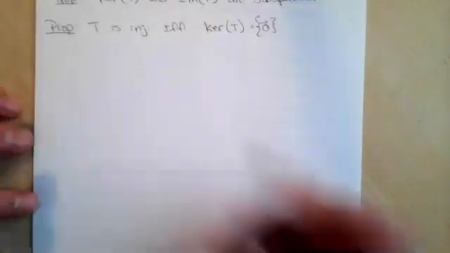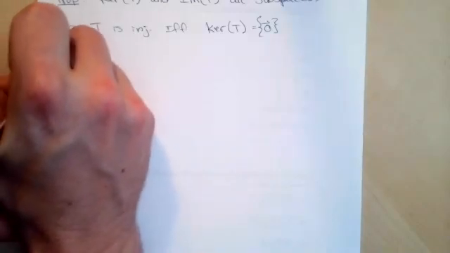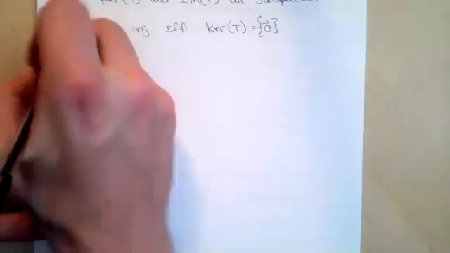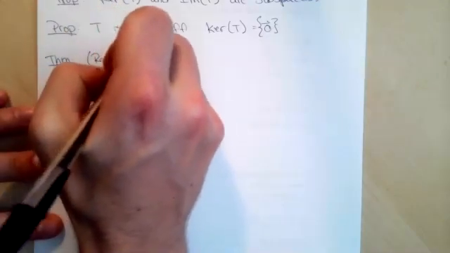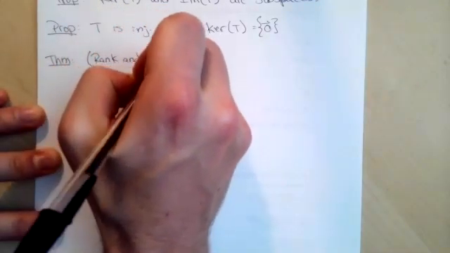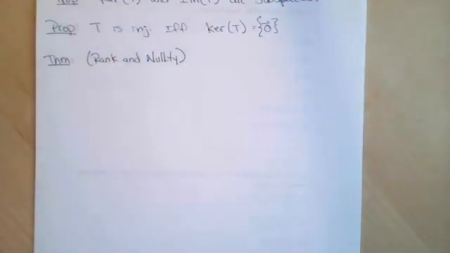And then our last theorem, this is a big theorem. We skipped the rank and nullity theorem. We didn't have time to do it when we were talking about matrices and the rank of rows and everything, but it comes essentially down to the equivalence of this theorem.